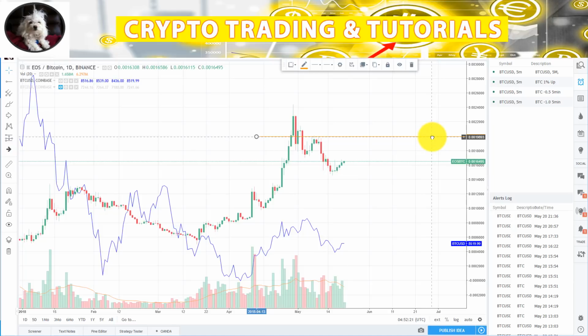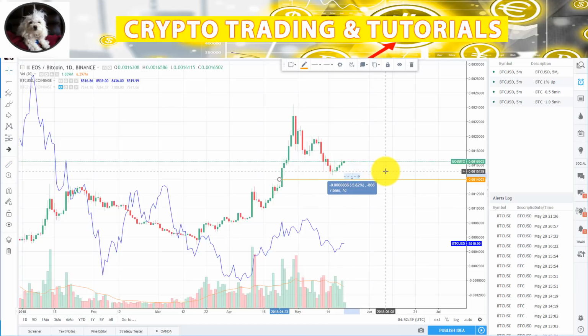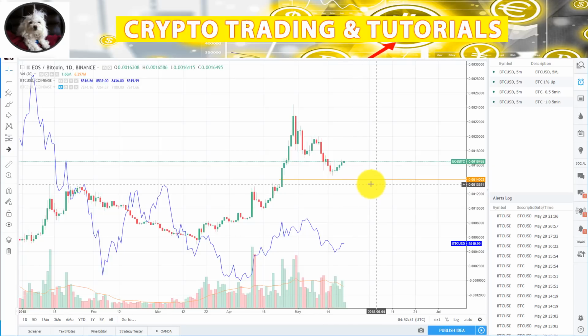This is also where you go back to fiat numbers, right? And right now, this has been tested, this range has been tested a little bit right around the 1400 range, right? So I think a lot of people will have their stops right at 1400, right? Is another way to look at it. Because I think a lot of people will assume that if 1400 gets broke, then it's going to be on a downtrend.